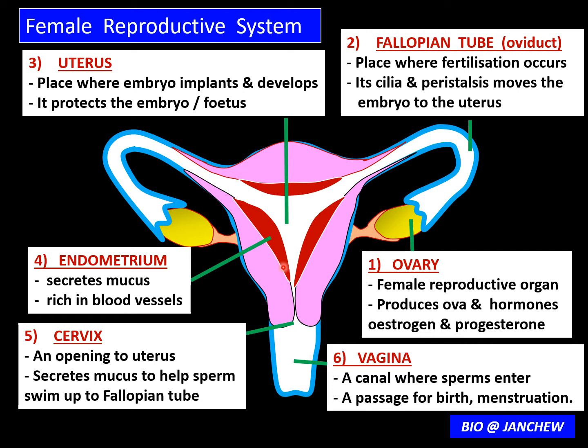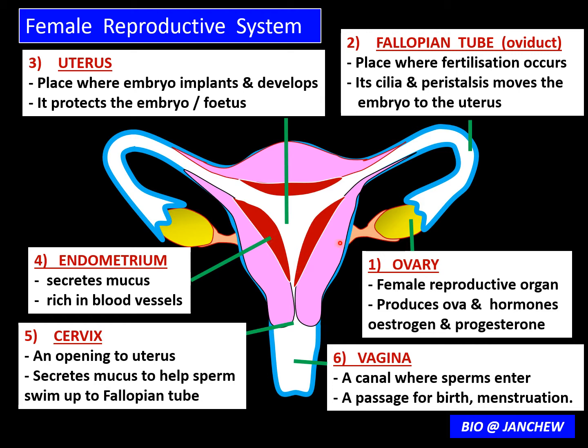The function of the endometrium is that it is the site where the embryo will implant, or attach itself. This endometrial tissue is rich in blood vessels to supply the embryo with nutrients and oxygen for its growth.